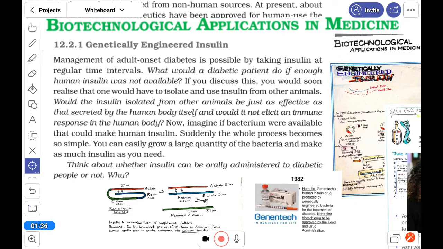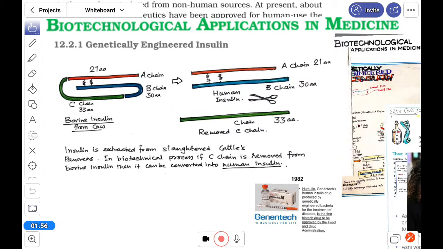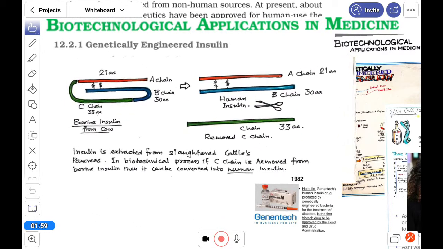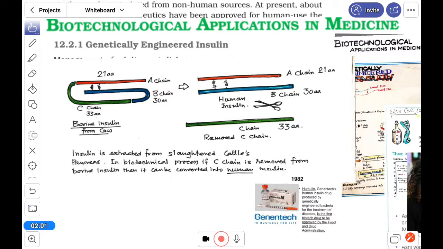But afterwards it was prepared with the help of bacteria. In your book there is a very brief discussion, so let's just see how it can be done from bovine insulin. Look here, this is the bovine insulin from the cow.